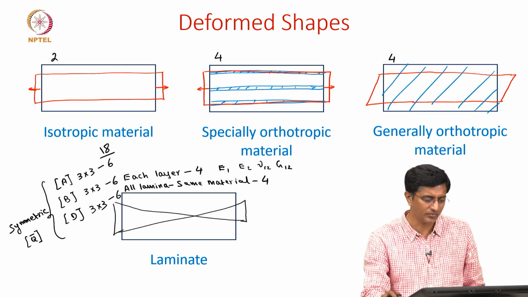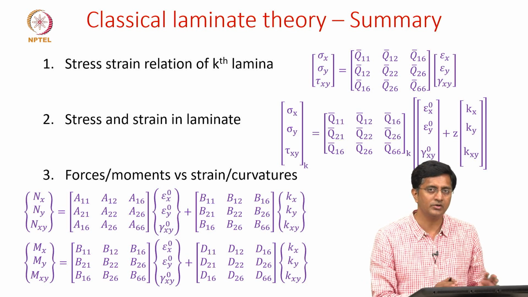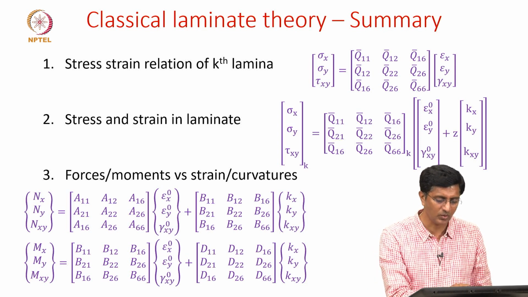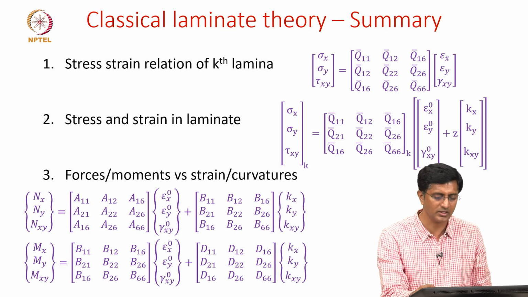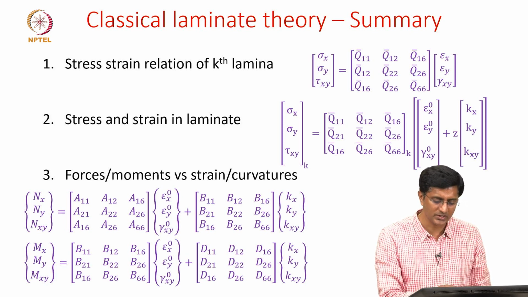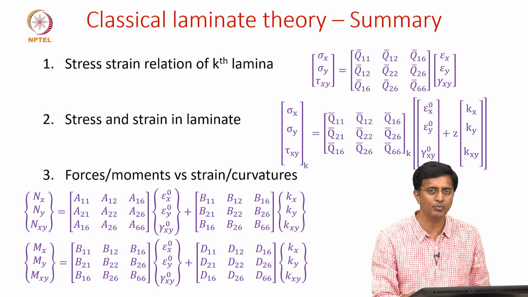So let's summarize what we have discussed about the classical laminate theory. We have shown it in three steps. In the first step, we showed the stress strain relation in a kth layer. In the second step, we showed the relation between the stress and strain in terms of the transformed stiffness matrix and strains written in terms of mid-plane strains and curvatures.